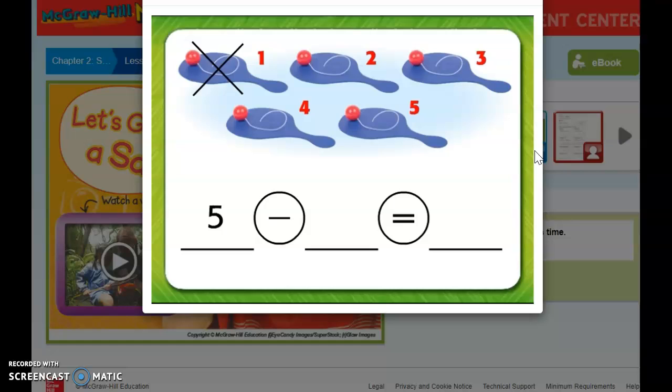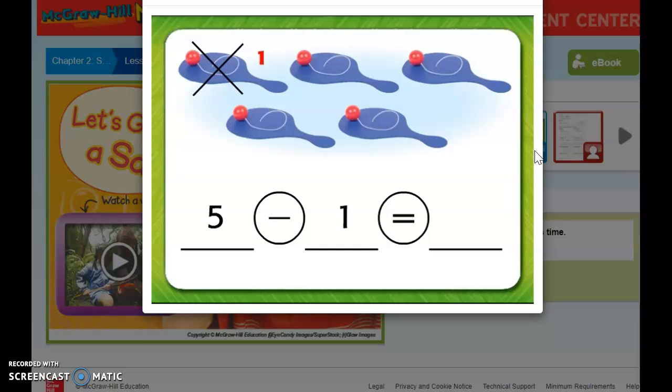The minus sign tells us to subtract. What number goes in the second one? The number in the second part of a subtraction sentence tells how many are taken away. There is 1 crossed out, so the number taken away is 1. We'll write 1 in the second one.